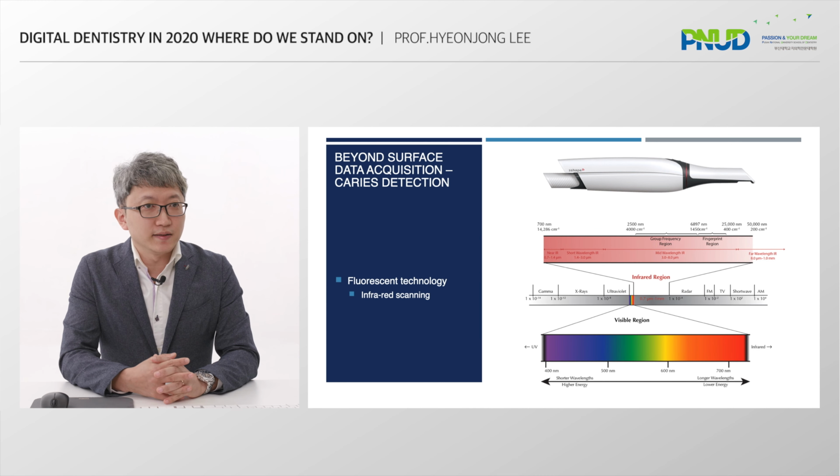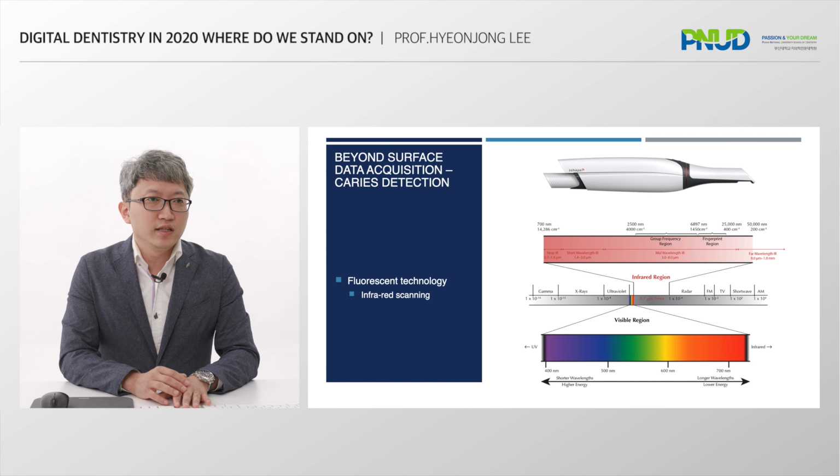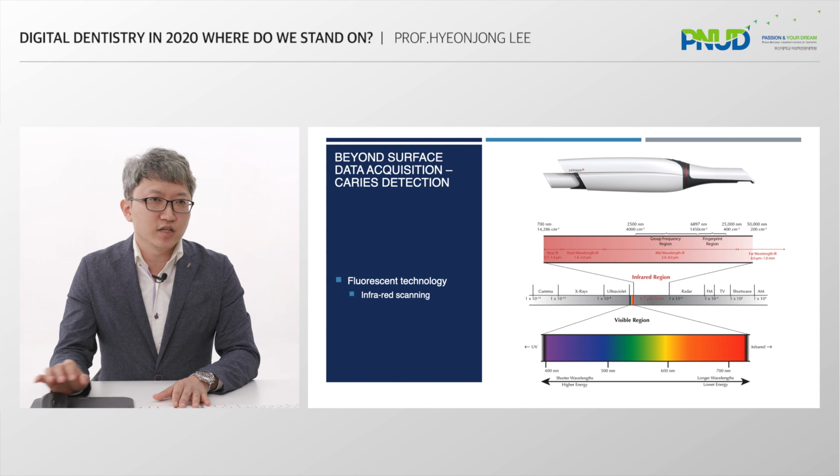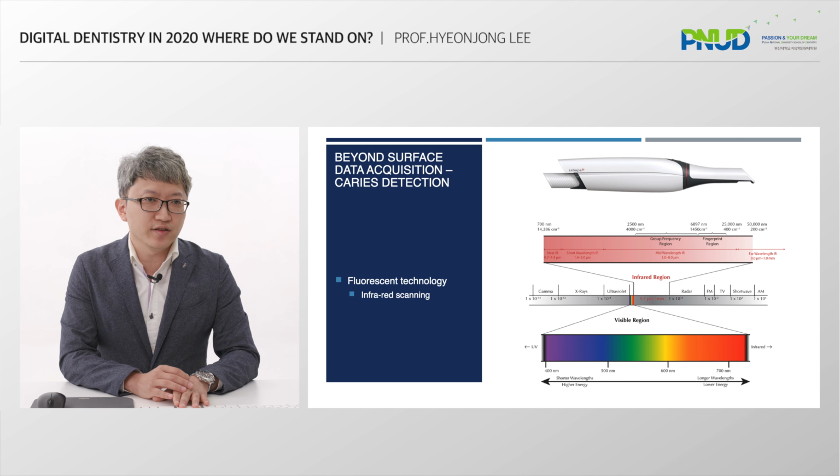Beyond scanning the surface of tooth structure or gingiva, an additional technology to help diagnose caries was introduced in Trios 4 from 3Shape. So it is a new version. The infrared light source helps to easily detect caries under the surface.